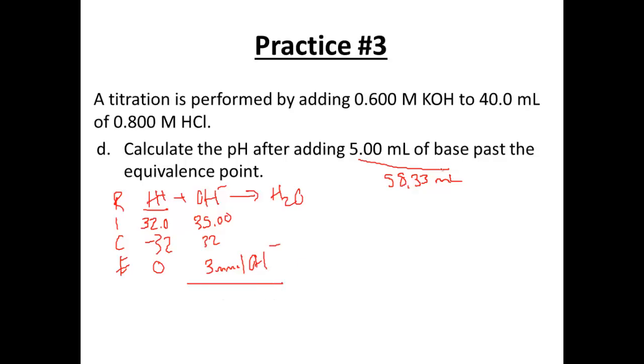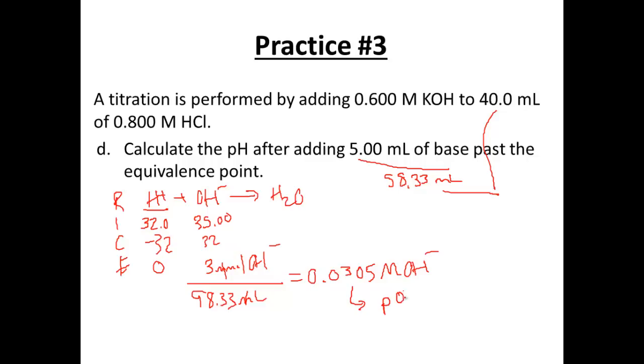So now divide by the new total volume, which is 40 plus the 58, so that's 98.33 milliliters. Milli cancels, we're into molarity, and 3 divided by 98.33 is a concentration of 0.0305 molar OH minus.